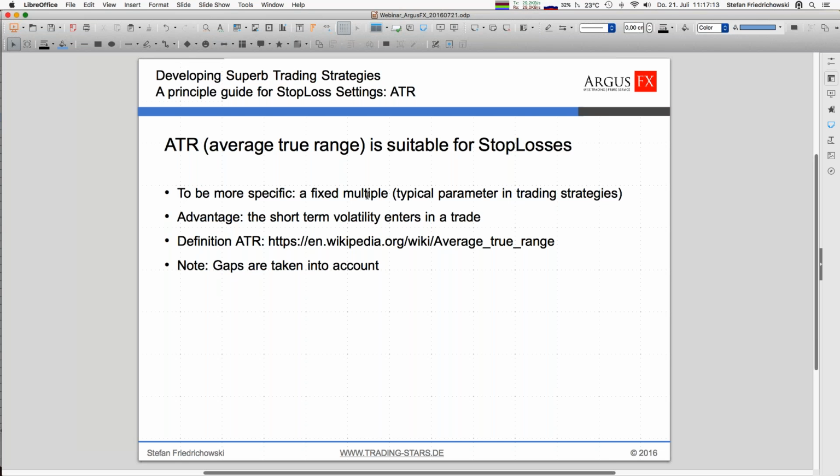If it's a strategy totally intraday, then it's the 24, and if it's a strategy which holds trades overnight, then typically I use 120. Okay, that was the story about ATR entering into our trading strategies. And let's move to the next topic.